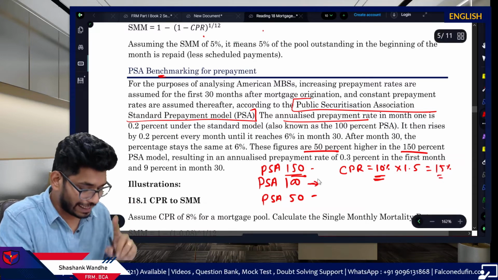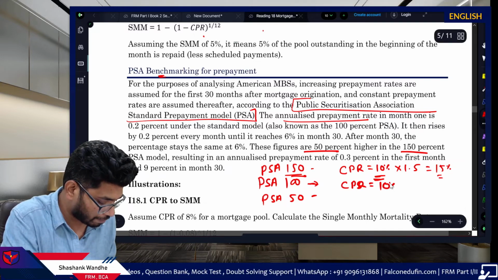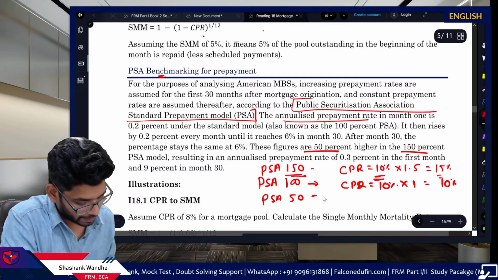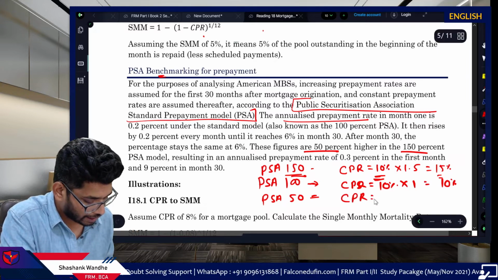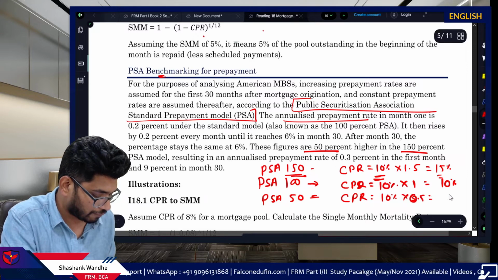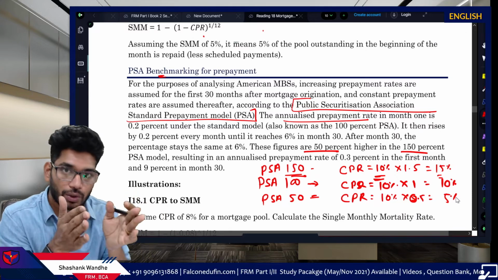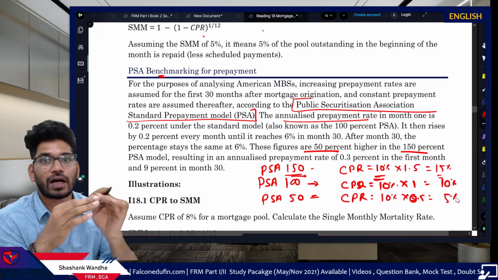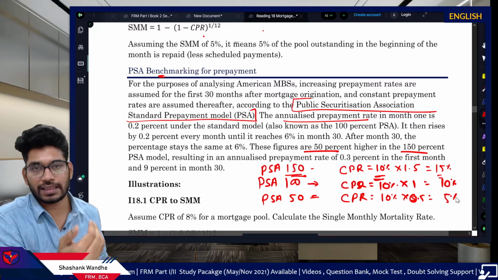If your PSA is 100, then your CPR works like this: 10% multiplied by 1, and your CPR is 10%. And if your PSA is 50, then CPR is equal to 10% multiplied by 0.5, and your actual CPR is 5% only. So your estimate, that is CPR, is multiplied by whatever the prepayment benchmark is for that particular time period, right? Based on that, you will use the CPR.